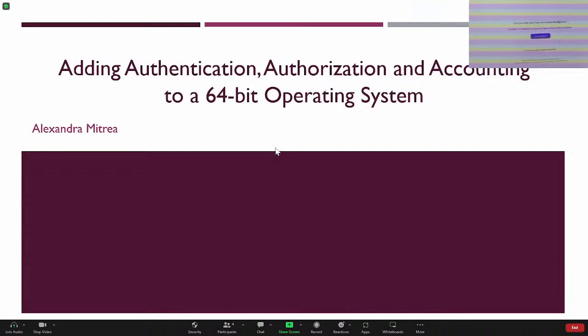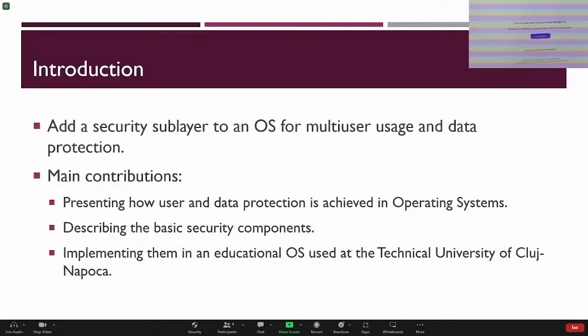Okay, so my name is Alexandra Mitya, and today I'll be presenting my paper about adding authentication, authorization, and accounting to a 64-bit operating system. First, since the introduction of the multi-user personal computer, the need for data protection became obvious.